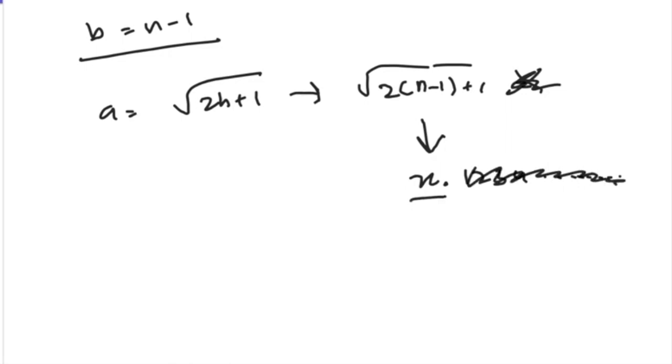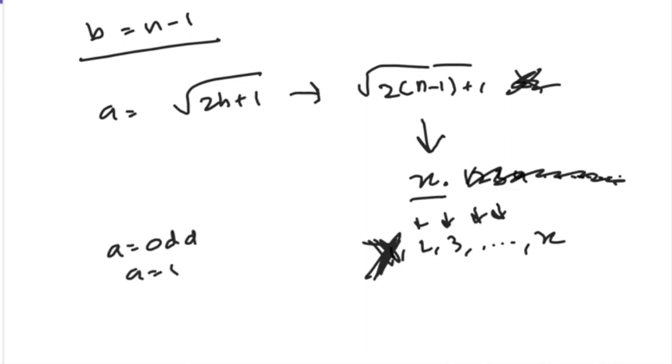So now, a can be any number, 1, 2, 3, dot, dot, dot, all the way up to x, because that's the largest value. So now from here, we have the condition: a is odd, and a is unequal to 1. You know, a has to be odd, and a cannot be equal to 1.